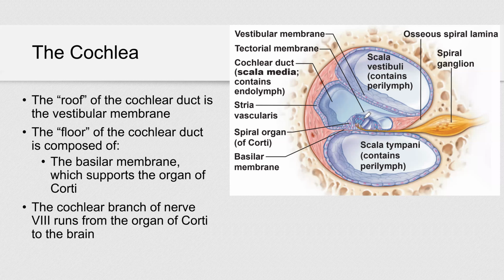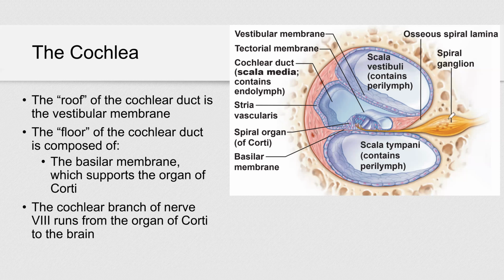On top of the spiral organ of Corti, there is another membrane called the tectorial membrane. So that's the tectorial membrane, basilar membrane, and vestibular membrane. The cochlear branch of nerve 8 runs from the organ of Corti to the brain.